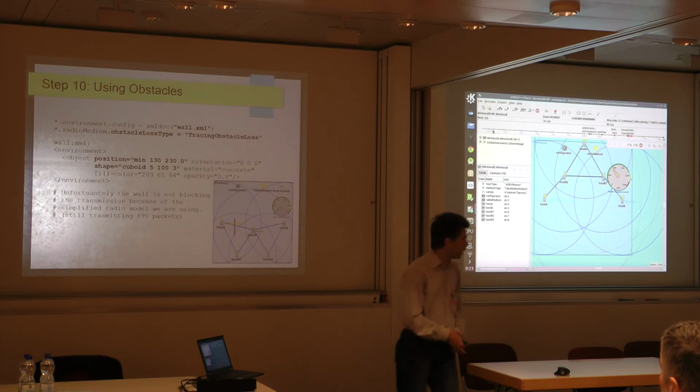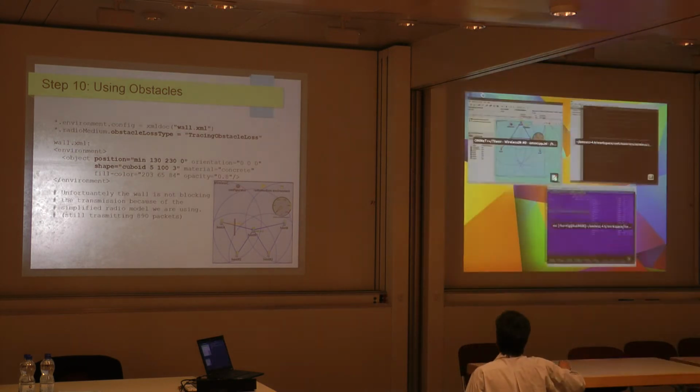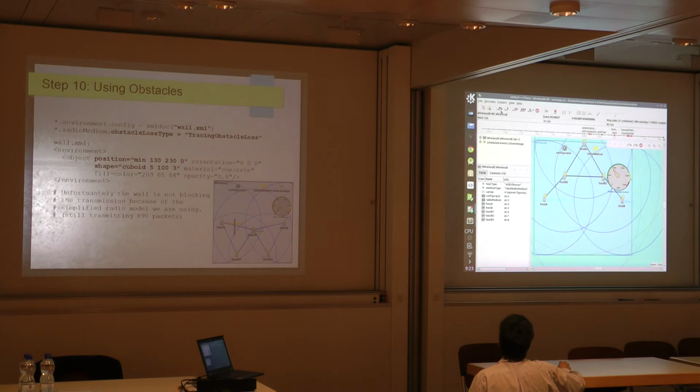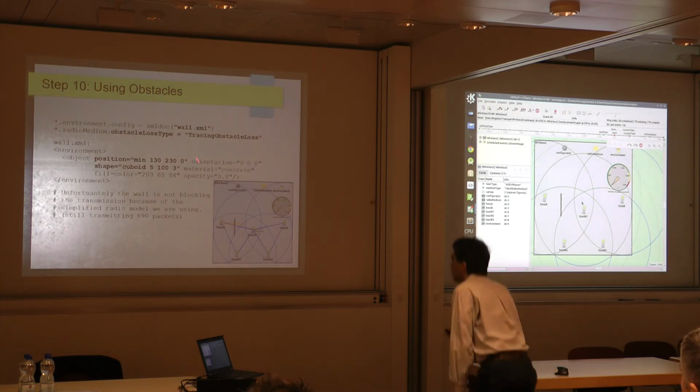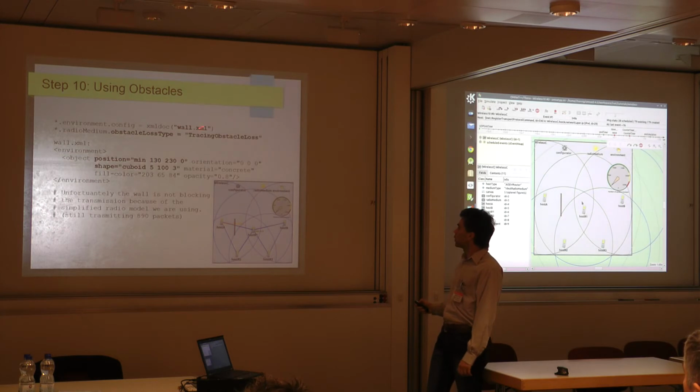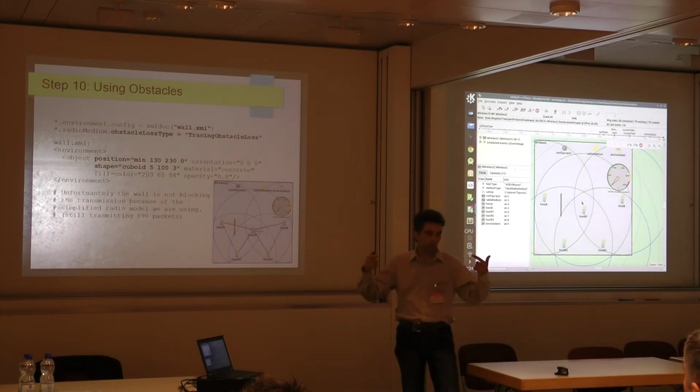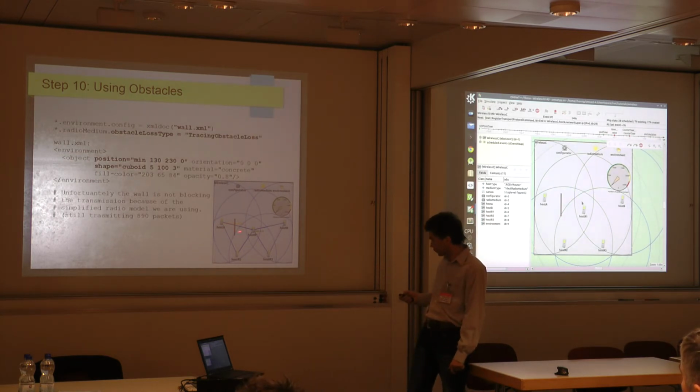Okay, and finally I would like to show that we can also add some obstacles here. We have added a new module, it's called environment, it's managing all these obstacle stuff. And what you see is that we just set the tracing obstacle loss, so this is the way how the attenuation is calculated.